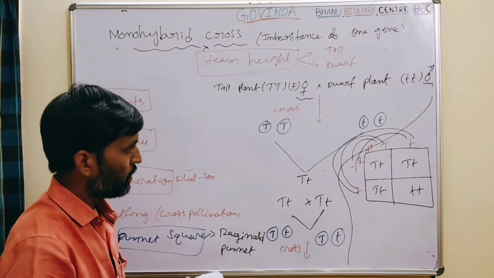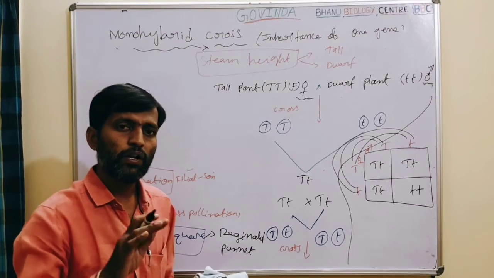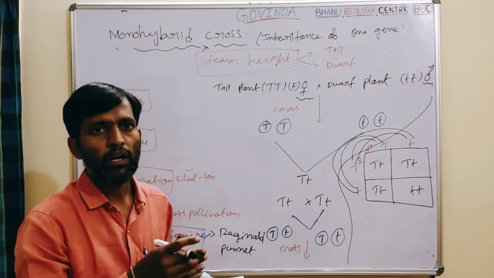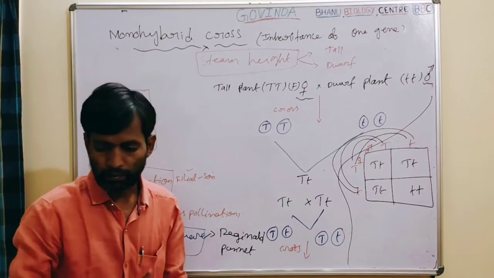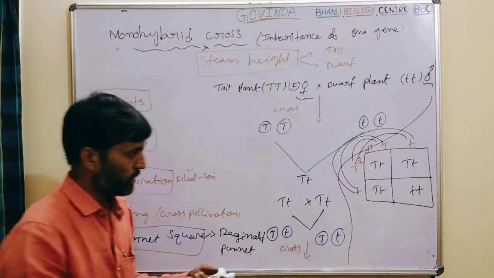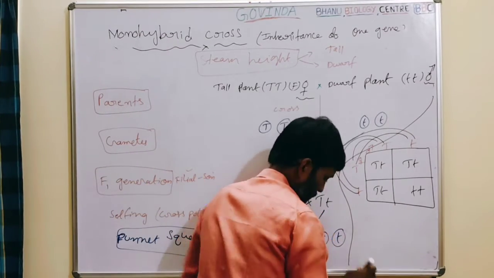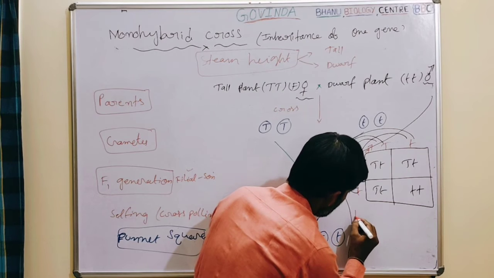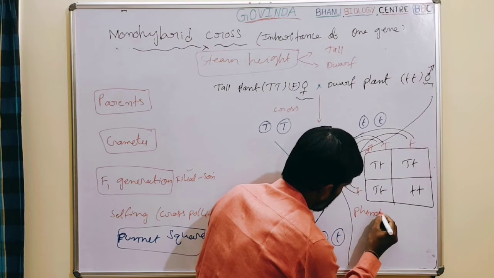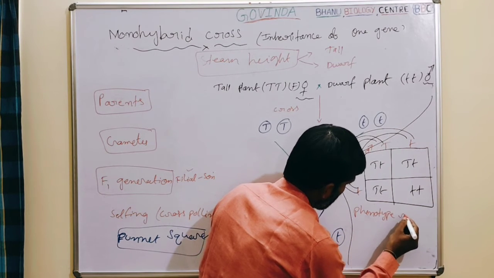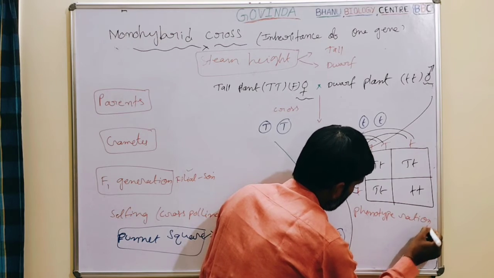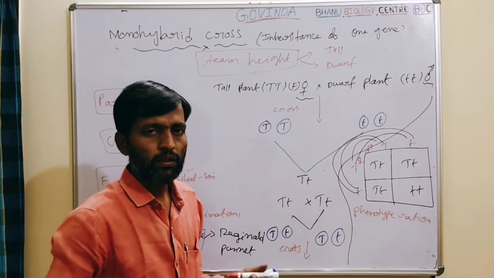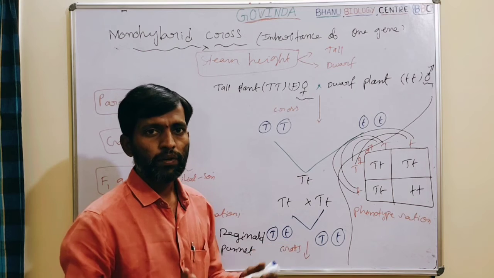So let us write the phenotype ratio and genotype ratio in the F2 generation of the monohybrid cross. First I write phenotype ratio. Phenotype means the external appearance of a plant.